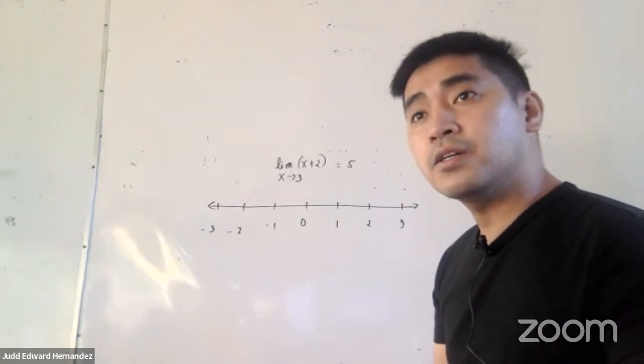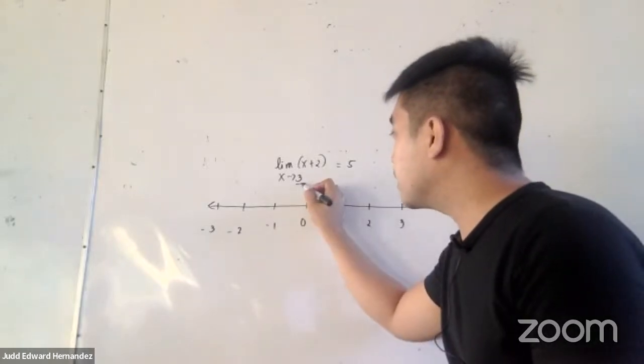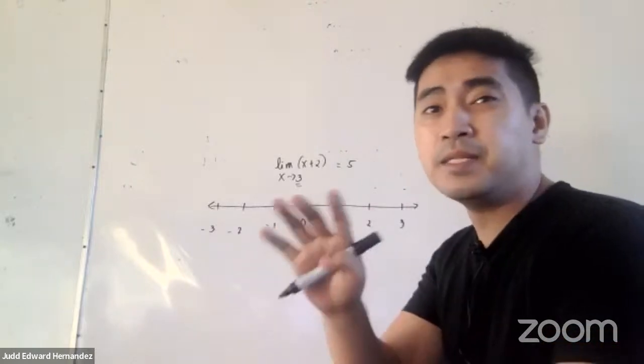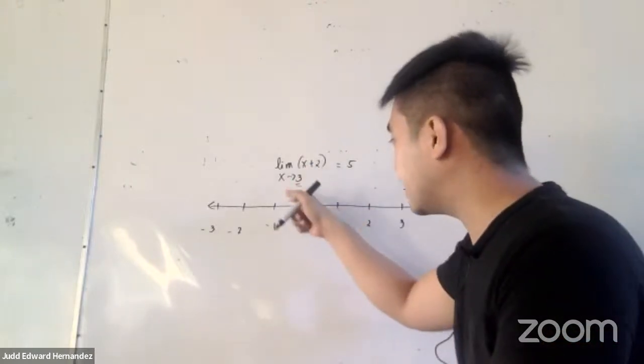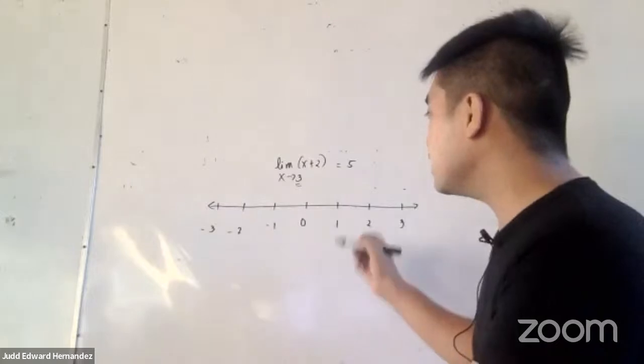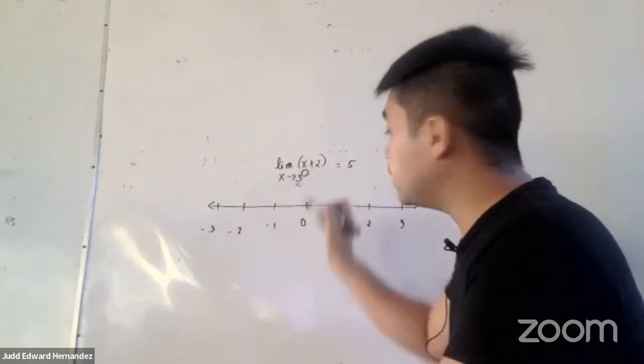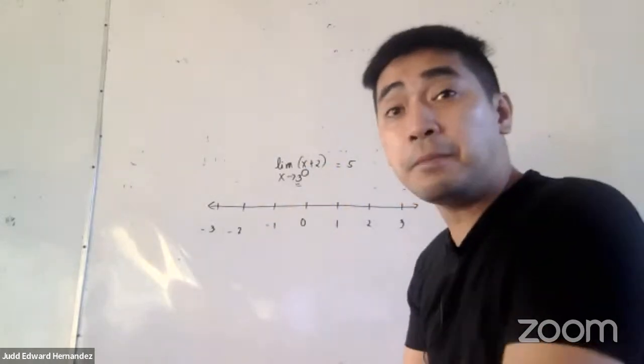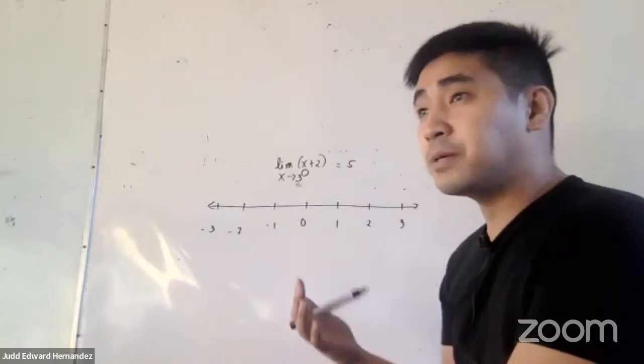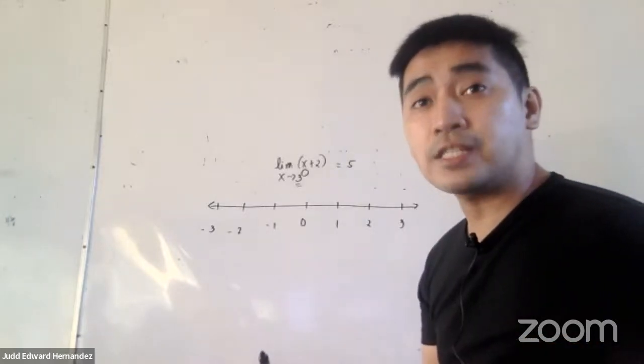Why? Because this is the number in the middle. Ibig sabihin, ito yung number na nasa gitna. Bakit? Kasi wala po siyang exponent. Because the exponent will determine saan ba galing si 3. Galing ba siya sa kaliwa or galing siya sa kanan?